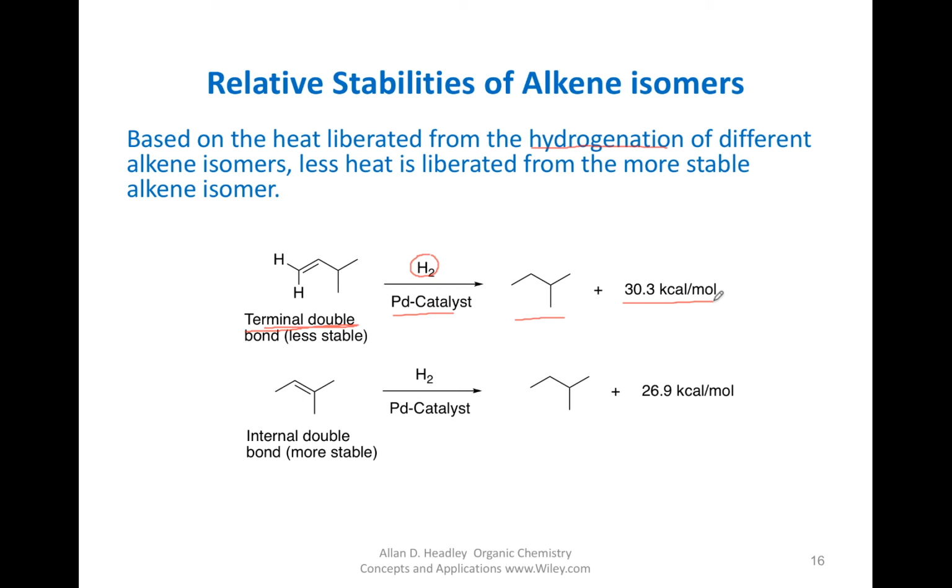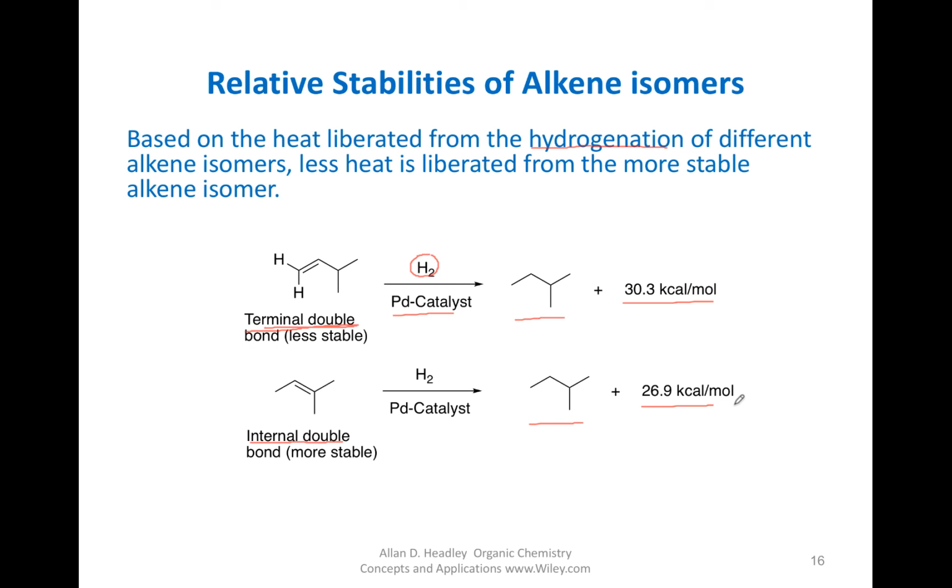Exothermic reaction. This molecule here is described as having an internal double bond because it's in the middle of the molecule. Same reaction, same product, but it gives off less heat, 26.9. Notice, keyword here, less heat.